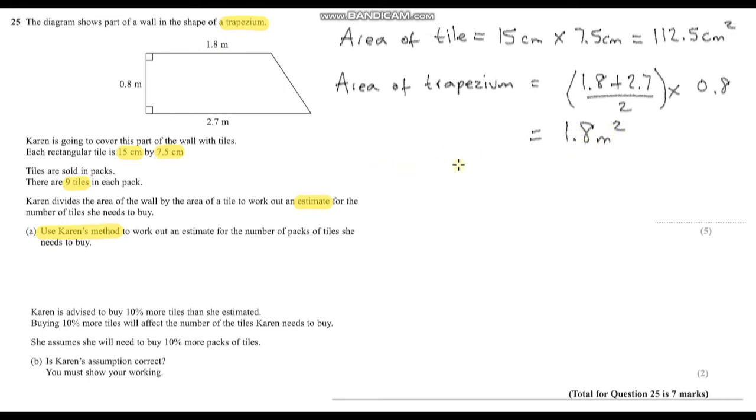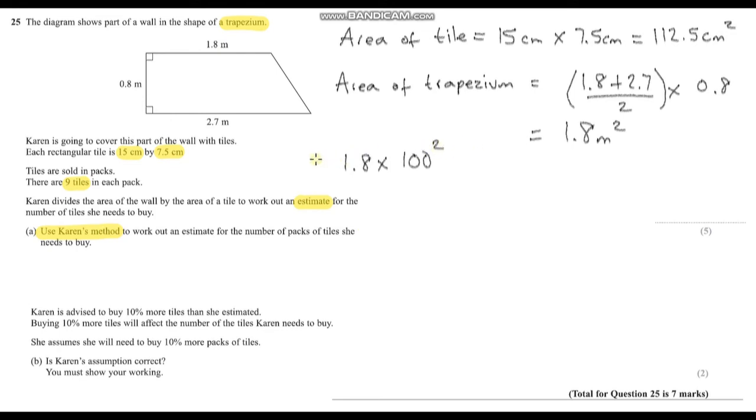So we're not going to multiply by 100. We're going to multiply by 100 squared. When you're dealing with areas, you need to multiply by your scale factor squared. Likewise, if we're dealing in volume, you would need to multiply by your scale factor cubed.